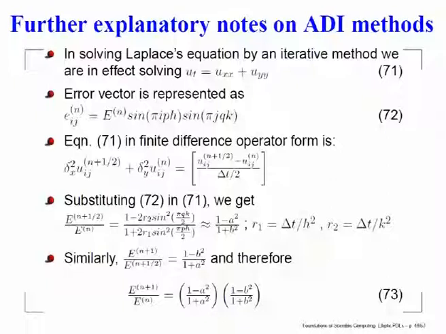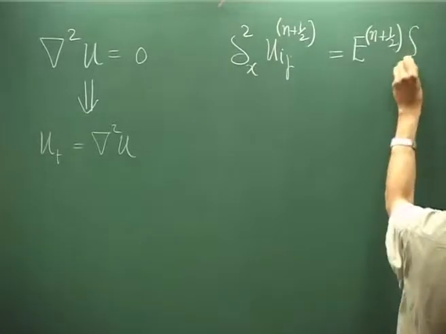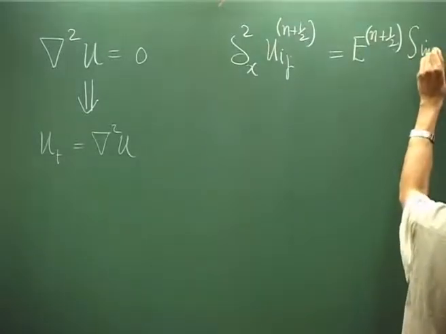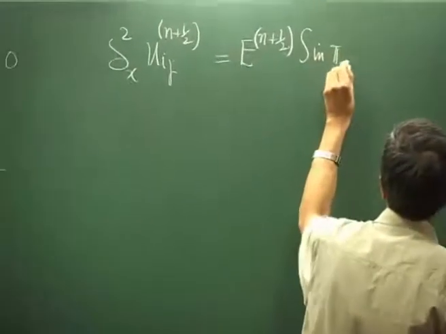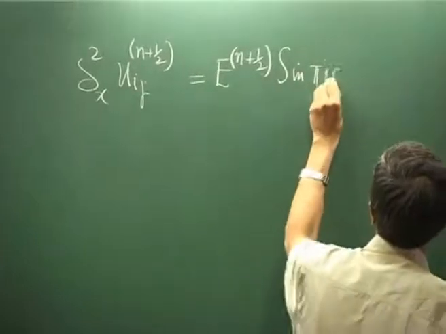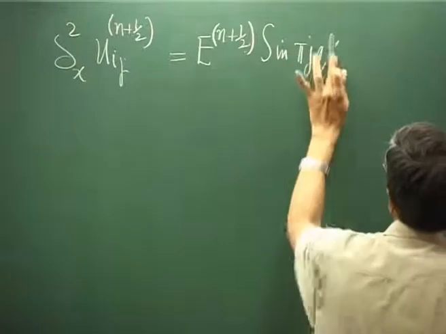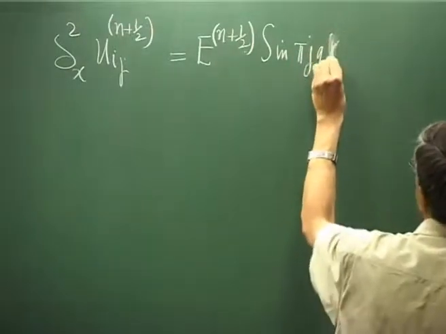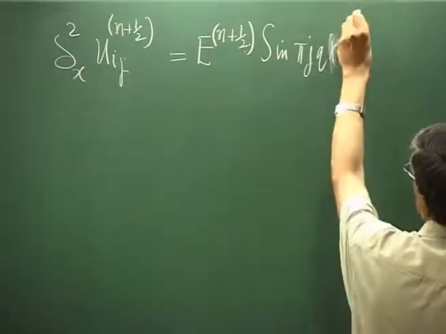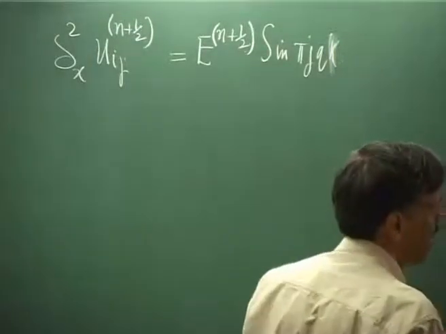And when I am doing the x derivative operation, the y dependent part remains the same. So, this part sin of pi j q k would remain the same. So, k is delta y and h is delta x.